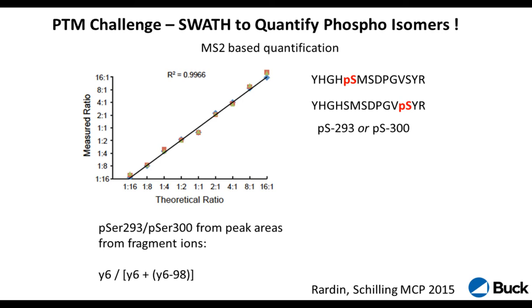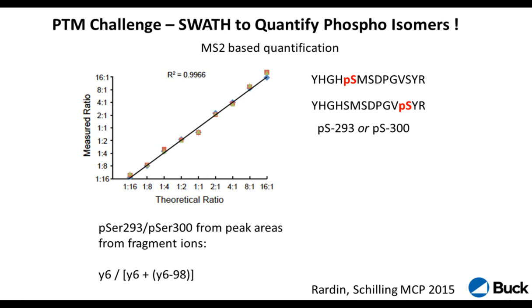And in this case, we were able to show this and demonstrated we spiked in different levels of these synthetic peptides from 1 to 16 to 16 to 1, and we achieved quite a reasonable linear curve here. So that was important, and a lot of effort now goes into differentiating different isomers in real-life samples. So we're doing a little bit of technology development on these isomer identifications.